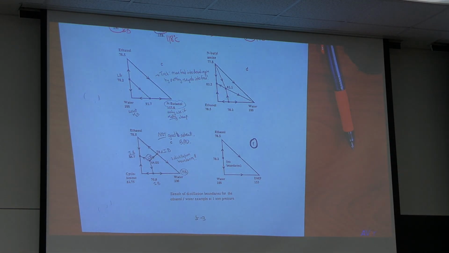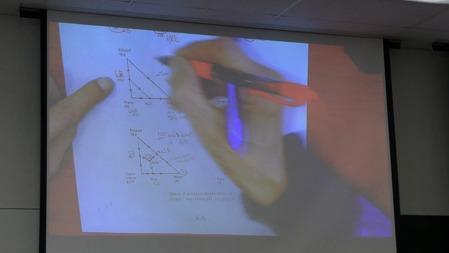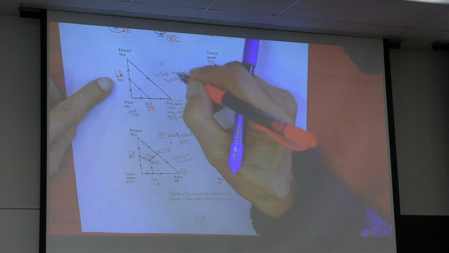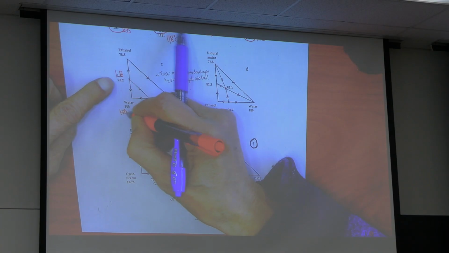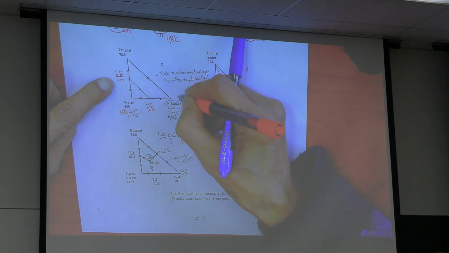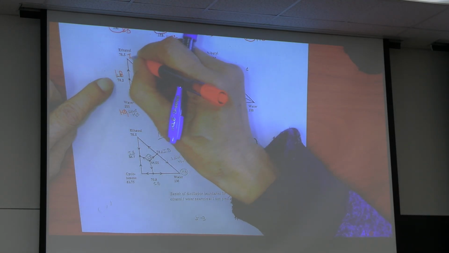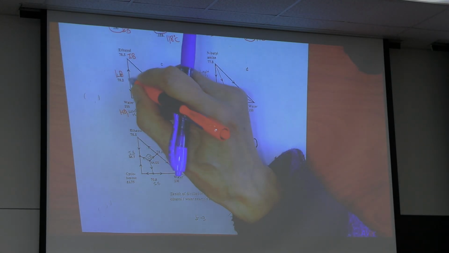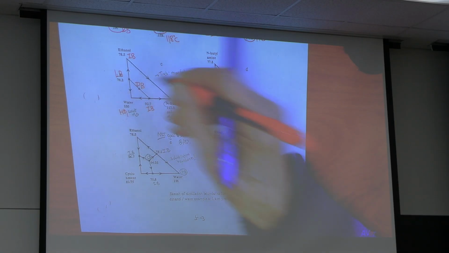Now, C. Lowest boiling, intermediate boiling, high boiling 1, high boiling 2, intermediate boiling. This is LB to IB, DB.